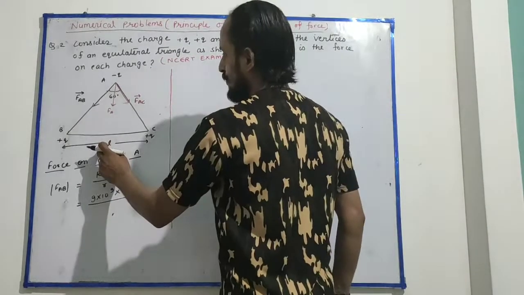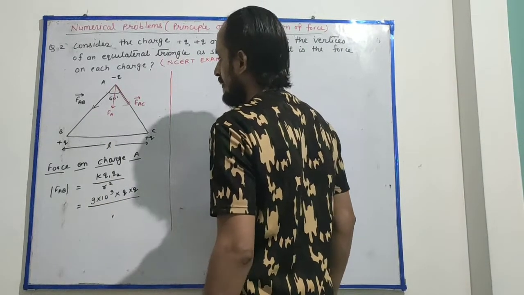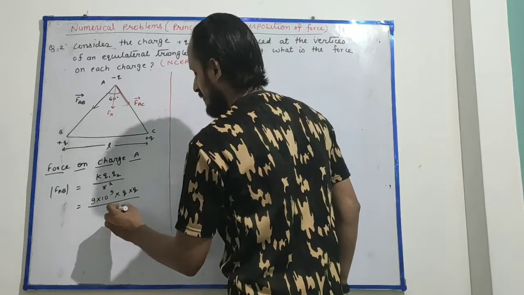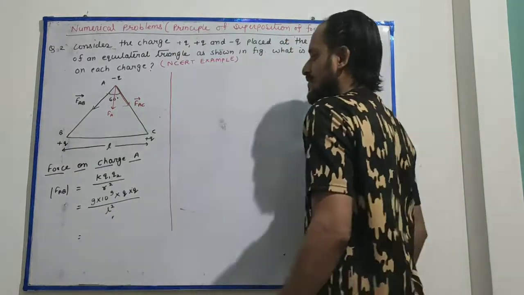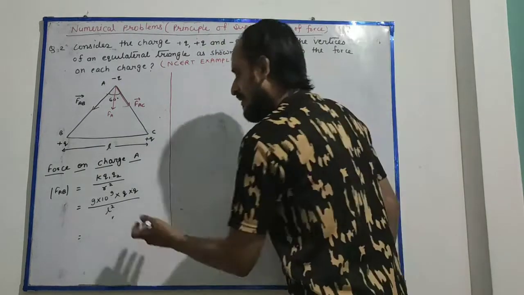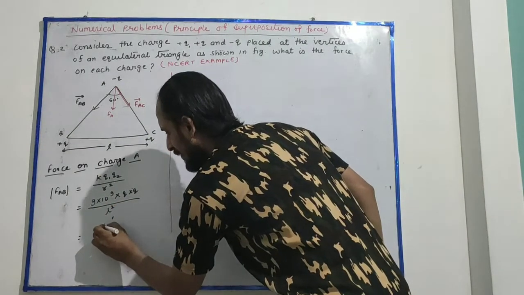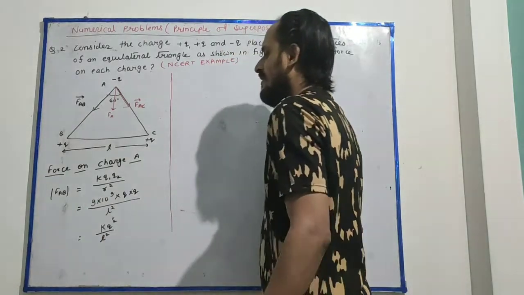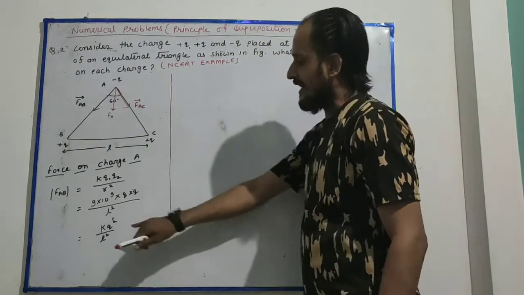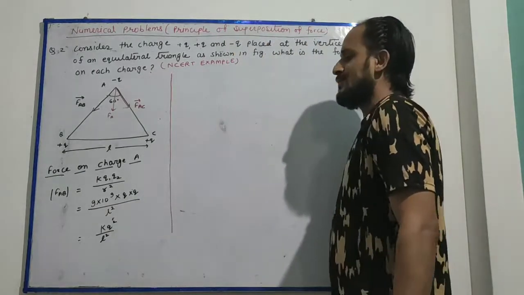R is equal to L, so L square. So simply, you can write it directly as KQ square upon L square.